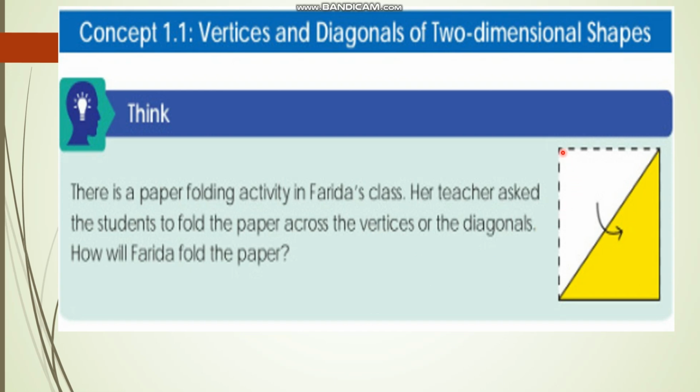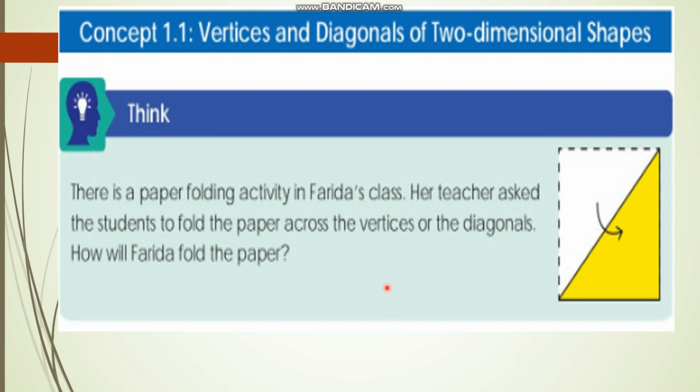Yes, that means you have to fold from one vertex to the opposite vertex. This is the way to fold this paper, and this is also called diagonal folding. When you are folding it, this line comes, and this is called the diagonal.